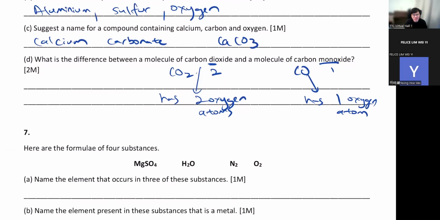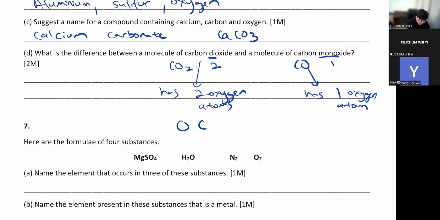You might say, sir, why is one oxygen so big difference? Why this one more oxygen then not poisonous already? This one you will learn in A levels next time, because carbon dioxide has no lone pair.